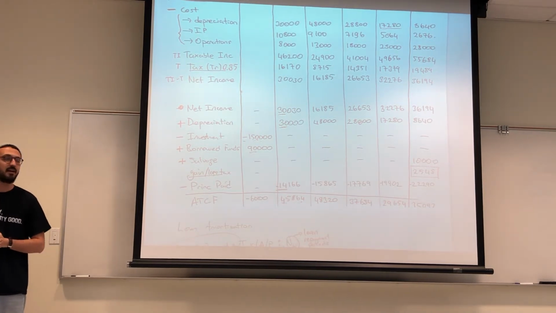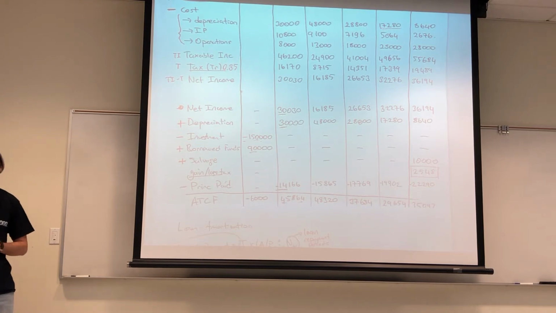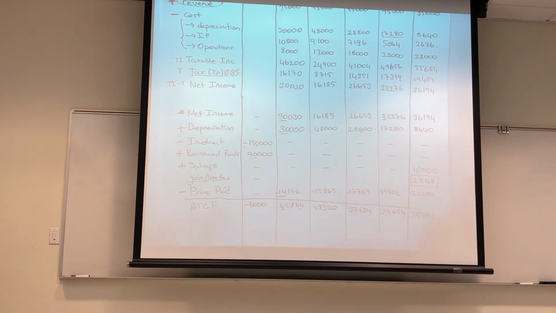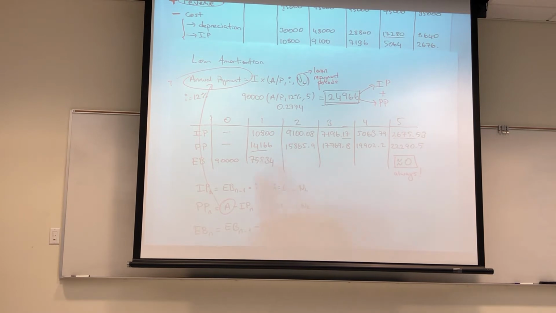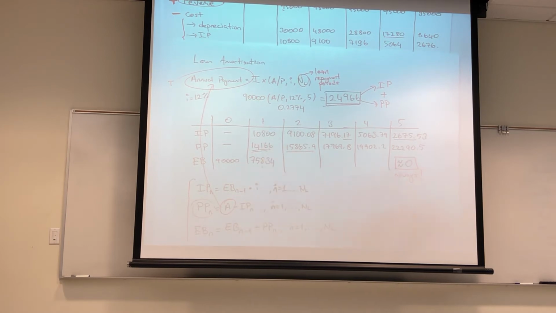This is essentially the quiz. We get the principal paid again. So in our step 1, we did the loan amortization, right? So we have the annual payment, and this splits into the interest paid and the principal paid. Right? This will be equal to their summation. And using these formulas we write down, we get the principal payment for every year, starting from 1 to 5.